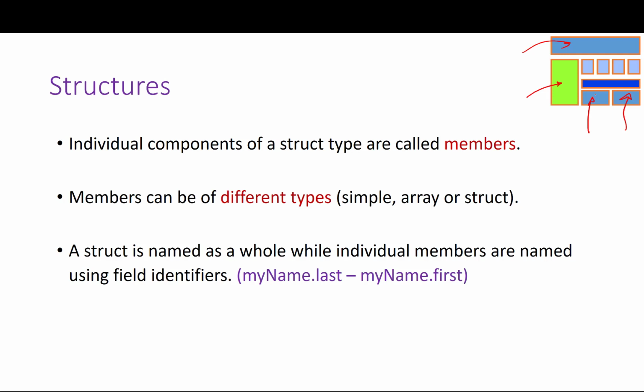At the same time, if you want to access any member, for example, if I have a struct which is my name, and inside this struct it has two members, last and first, to access them you have to write it this way: the name of the struct dot last, or the name of the struct dot first. This means that you can access the data stored in this element.